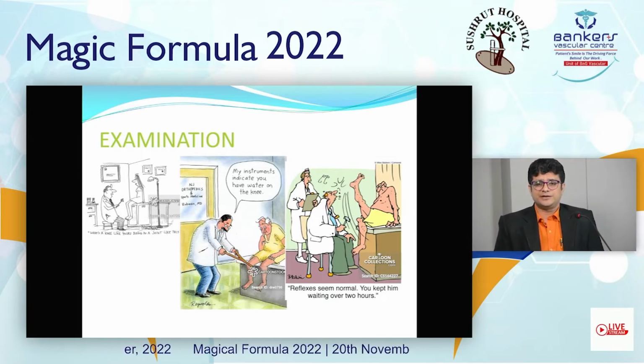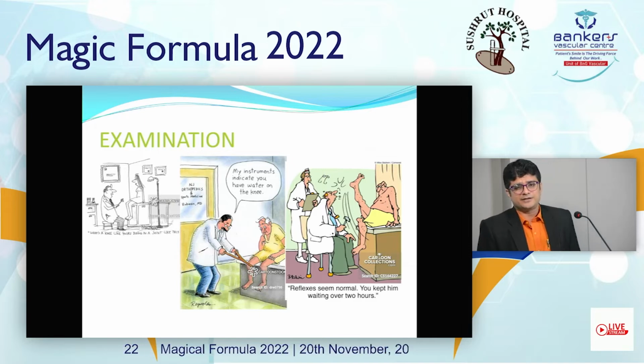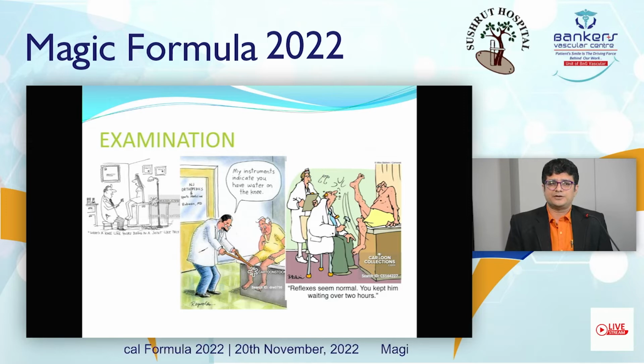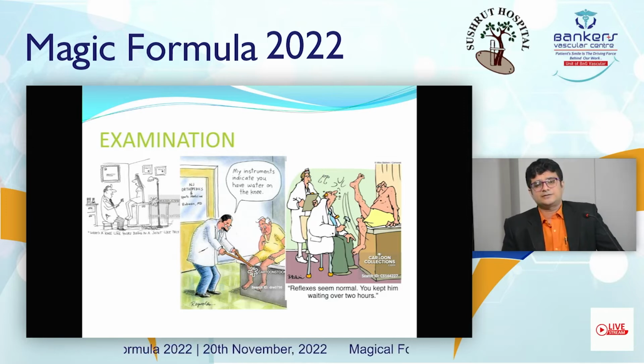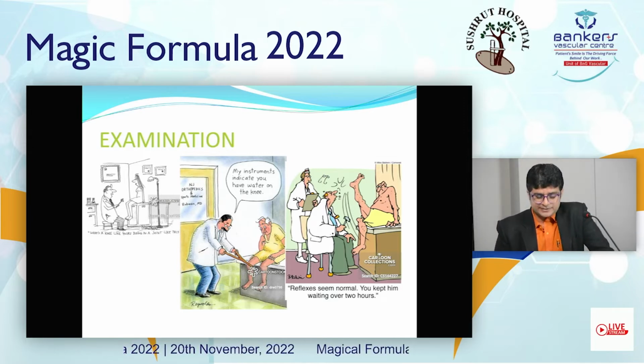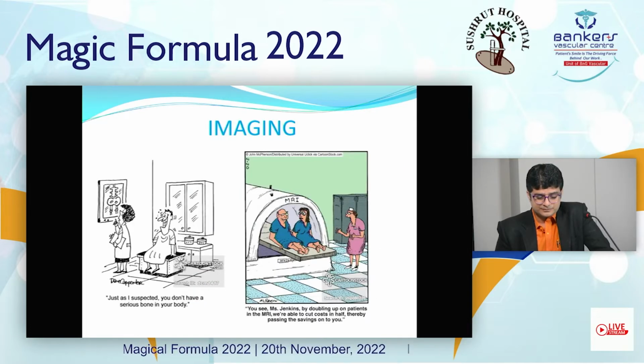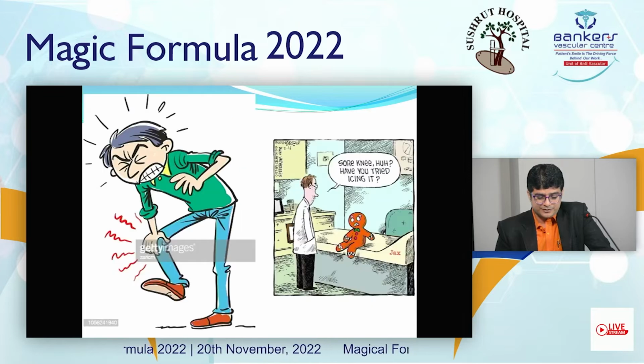After examination we do an X-ray, and if needed, MRI of the knee joint is done. KL score of X-ray is very important for grading of the osteoarthritis. Some treatments are done in the early osteoarthritis, some treatments are done for the late osteoarthritis. As I mentioned, MRI and X-rays are very important.